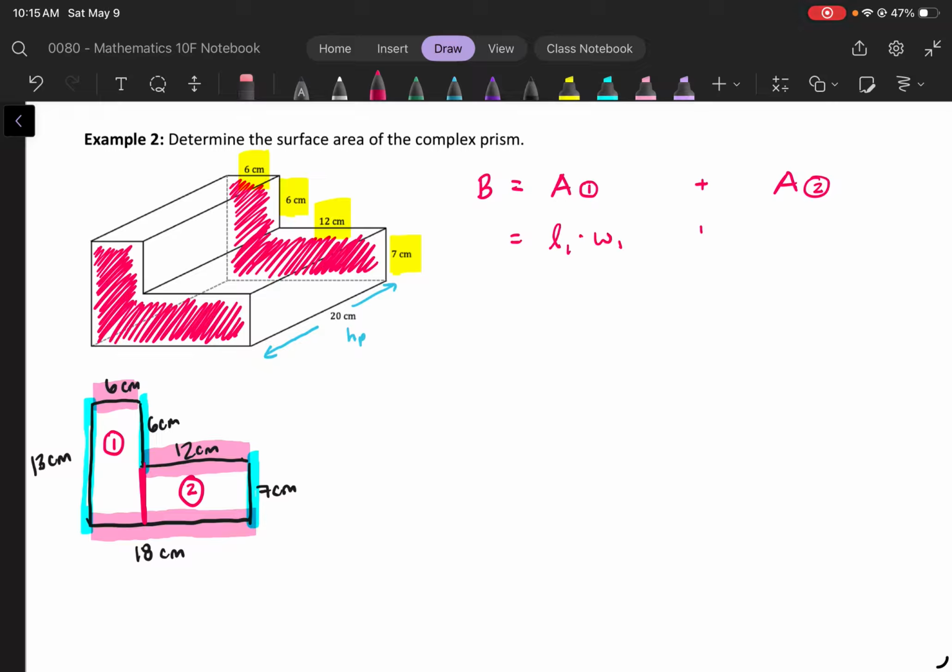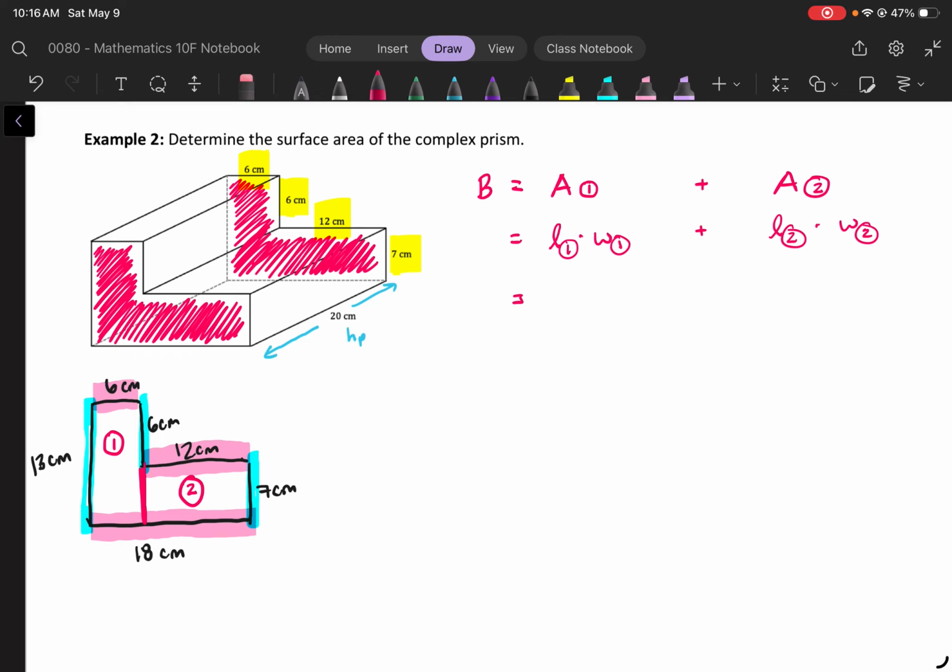Because I'm going to use length and width twice, once for shape 1 and once for shape 2, and those lengths and widths are different, I am going to personally say length 1 and width 1, length 2 and width 2. I could put little circles around them again because I don't want to accidentally use the same numbers for both, and I don't want to get them mixed up.